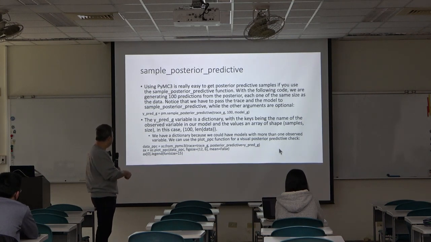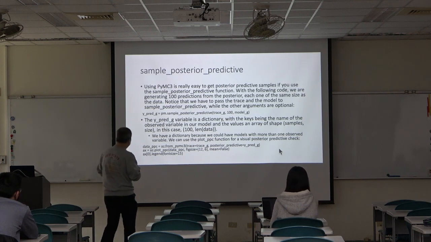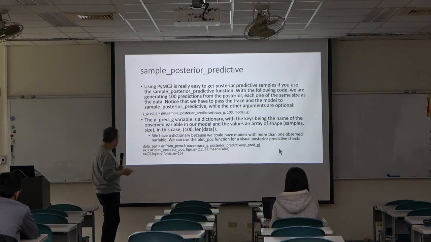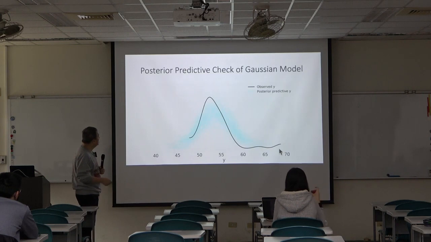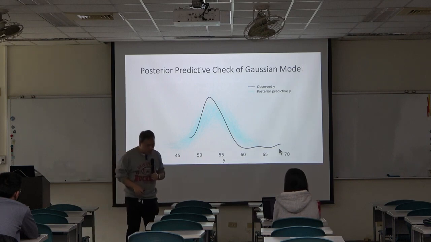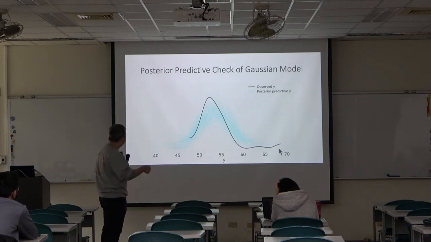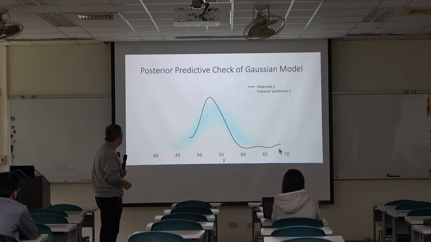Then we can use the plot PPC function for a visual posterior predictive check. Here is the code that we use to plot this next figure. If you still remember, the dark line represents the kernel function of the observed y.